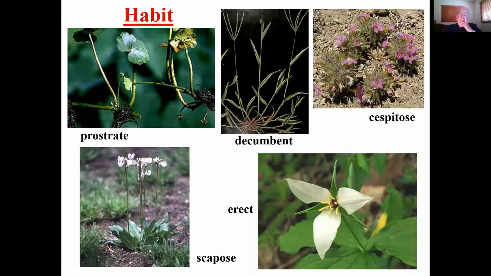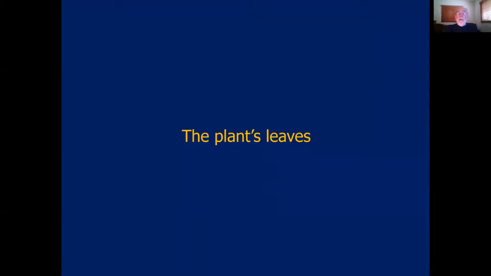Here I've put some images of the different habits: prostrate, decumbent, cespitose, erect growth, and the scapose growth, which I didn't put in the definitions, and perhaps you shouldn't concentrate too much on remembering it. It's just plants like the agave, that have a rosette at ground level with a short shoot, and then once they reach the age of reproduction, they will produce a very elongated stem very rapidly. That type of reproduction is known as Big Bang reproduction: reproduce and then die.